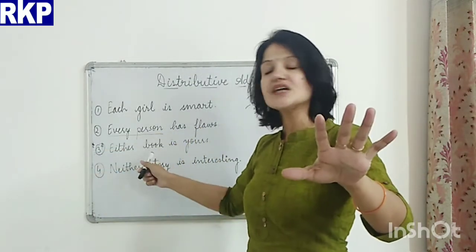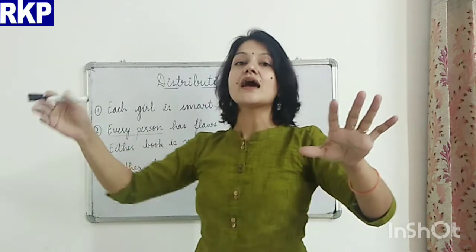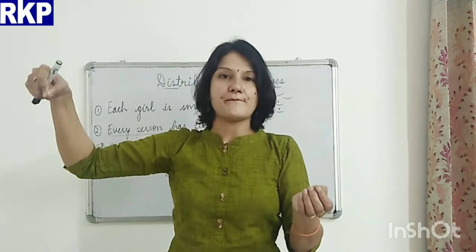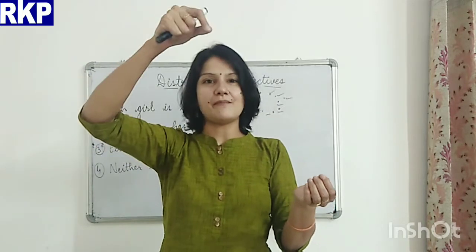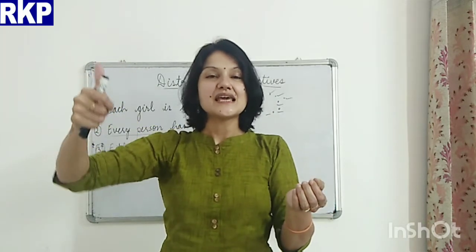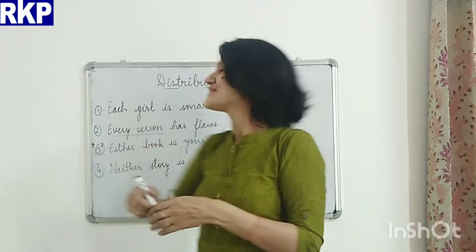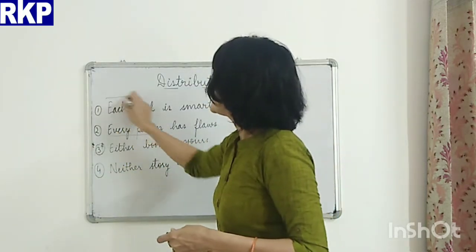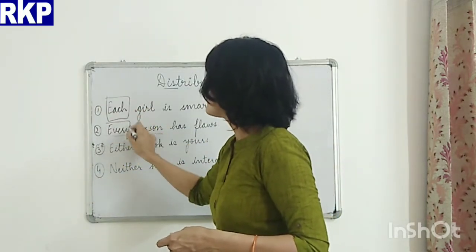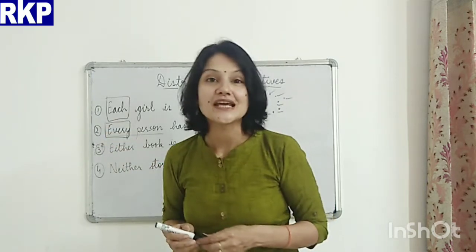But when I use every person here, I mean like every one of them. Every one of them is imperfect, right? So in this one we have each, and here we have every, right?